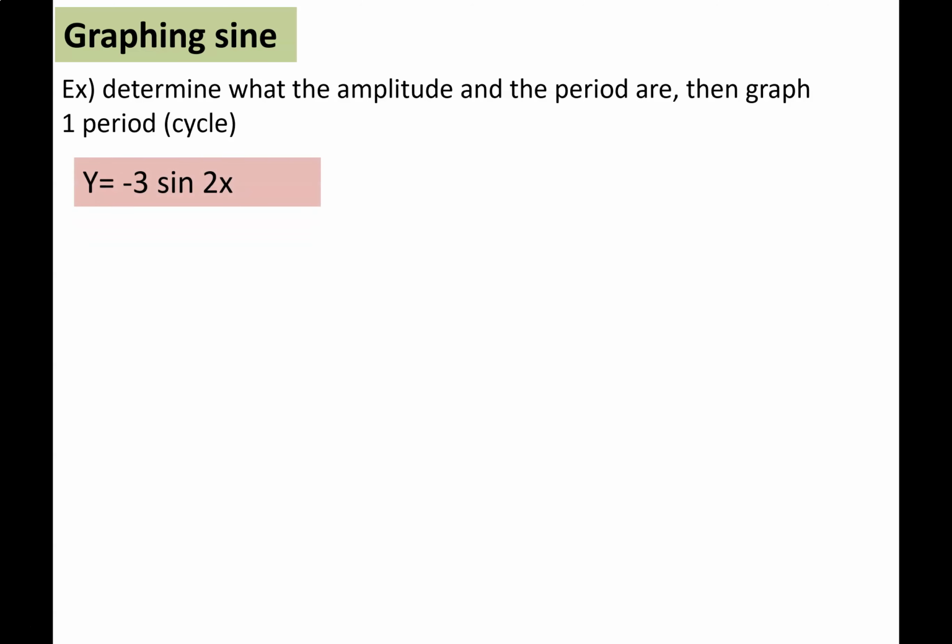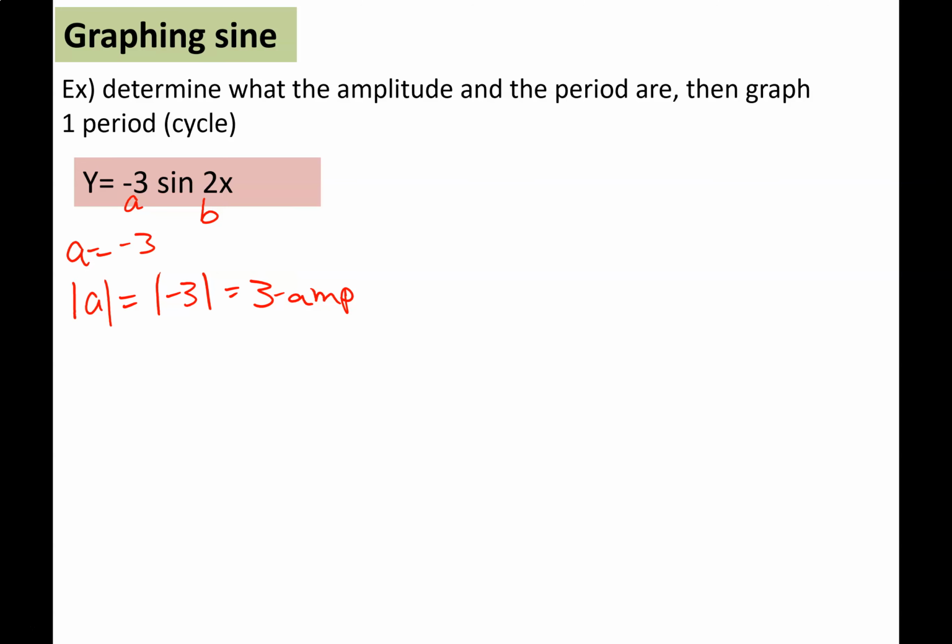My a value is going to be a -3, and then my b value is 2. Yes, my a value is a -3. But if you tell me that my amplitude is a -3, that's going to be no bueno. So remember, it's the absolute value of a. So for us, it'd be the absolute value of -3, which is 3. That's our amplitude, okay? Don't forget about that, please.